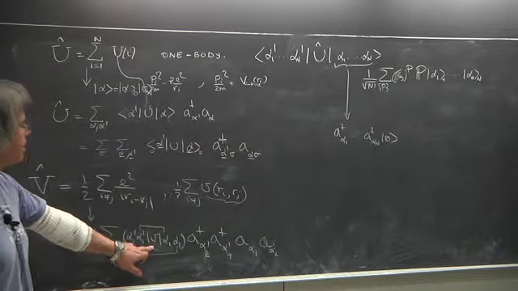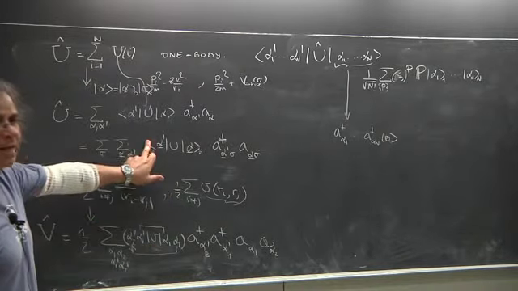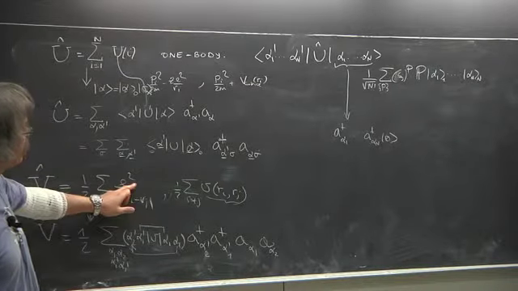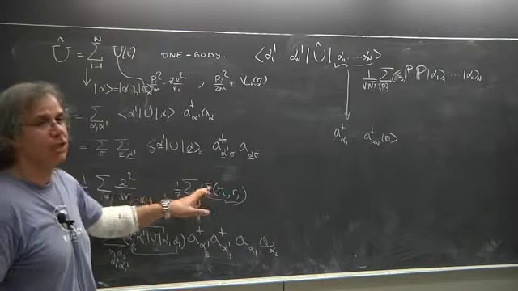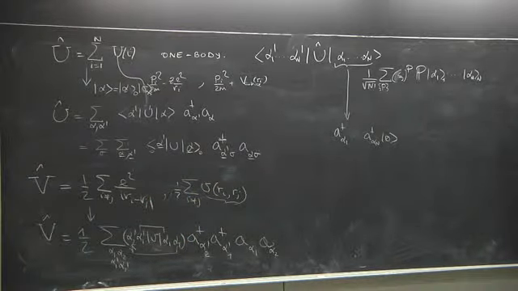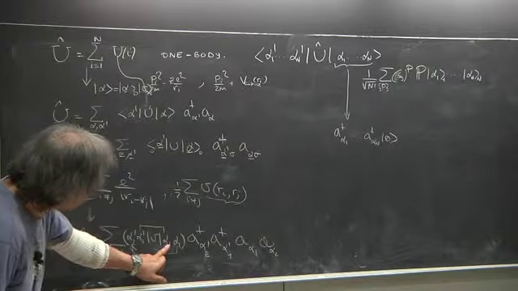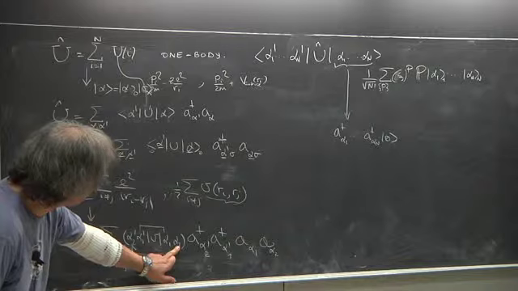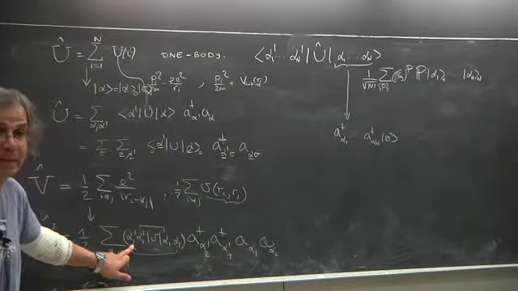For these objects, the same comment regarding spin applies, okay? A typical Coulomb interaction potential or other form of potential do not involve the spin, okay? And therefore, the spin of this and the spin of this are the same. And similarly, the spin of alpha 2 and the spin of alpha 2 prime are the same, okay?